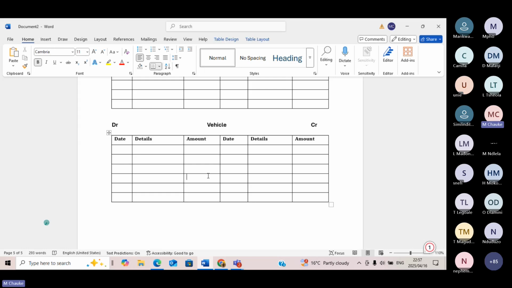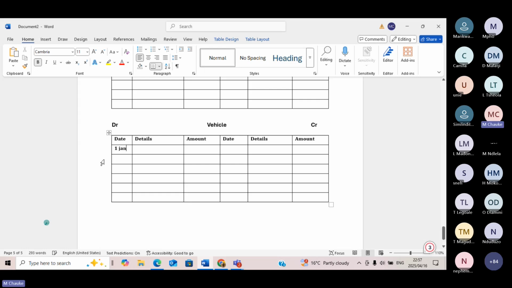So there's an increase in vehicle, right? Because the transaction says what exactly? Let's just go to the transaction so that we can record the right things. On vehicle, we've got an opening balance as well. Yes, 1 Jan.